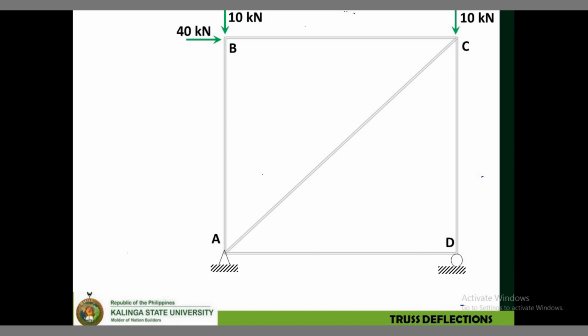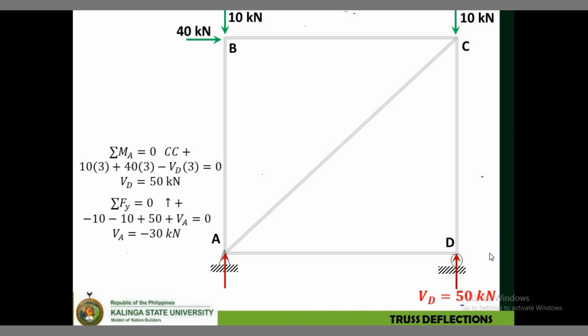So, we need to solve the value of the reaction at D. I take summation of moments at point A. I can solve the reaction at D, which is equal to 50 kilonewtons.